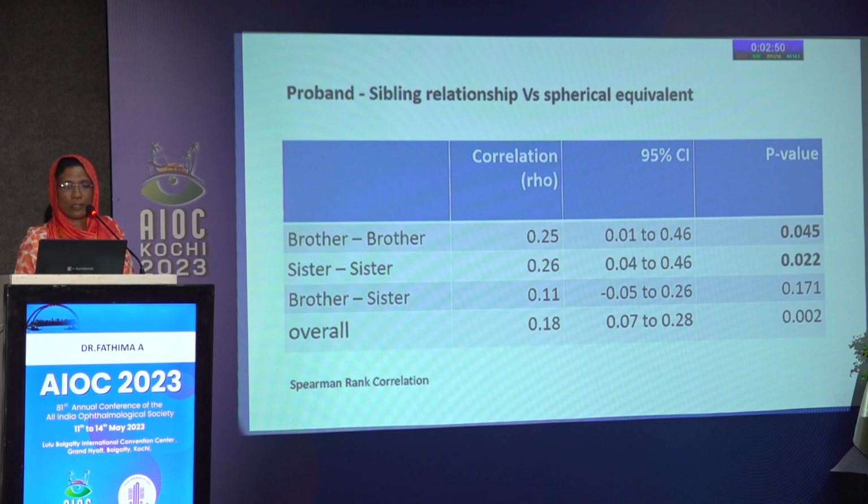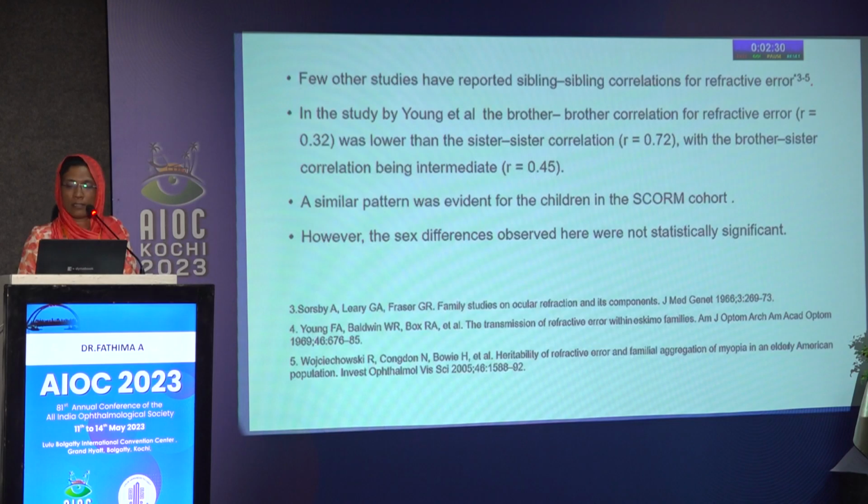When we consider the correlation of spherical equivalent among proband and sibling, there was an overall positive correlation which was statistically significant. When we break it down gender-wise, interestingly, same gender, brother-brother and sister-sister, showed statistically significant correlation, whereas brother-sister did not show such correlation.